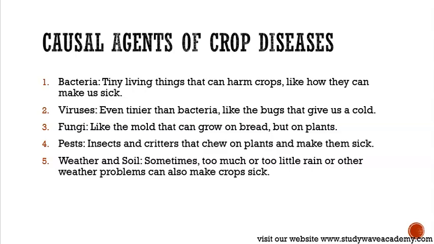So these are causal agents of crop diseases. Remember, causal agent of crop diseases means the things that make plants or crops get sick. Bacteria, viruses, fungi, pests, weather and soil. These things make plants get sick.